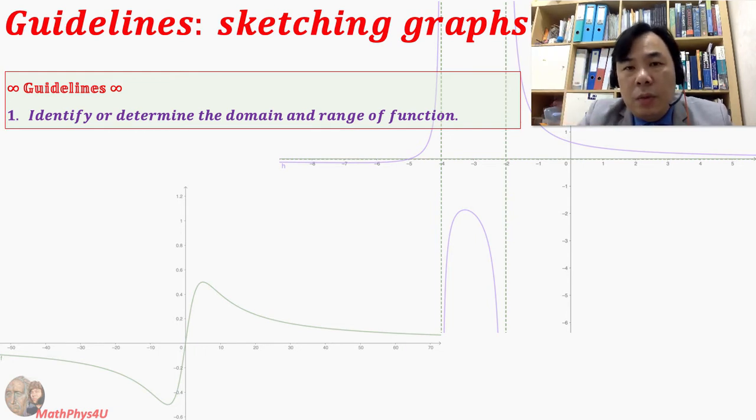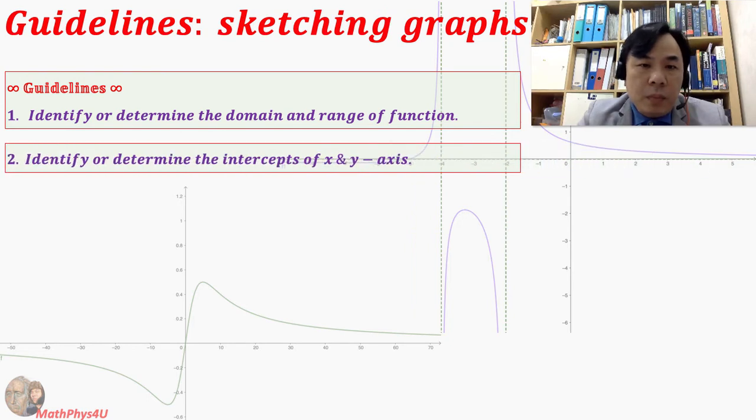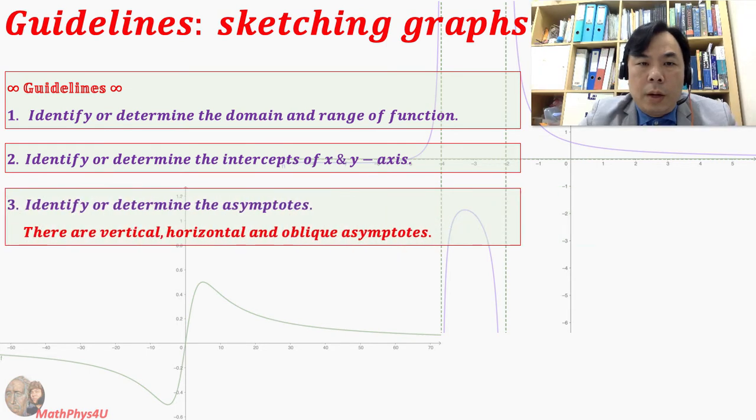These are a few methods that we use to determine the range of a function. Now the second guideline: we should always identify and determine the intercepts of the x and y axis.